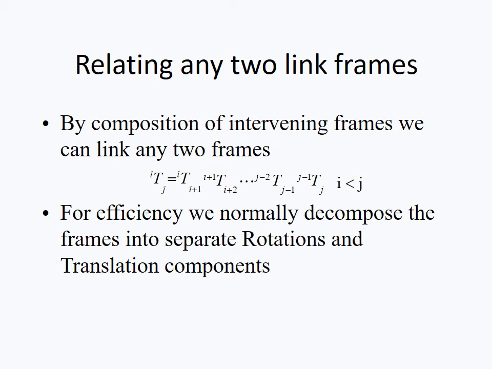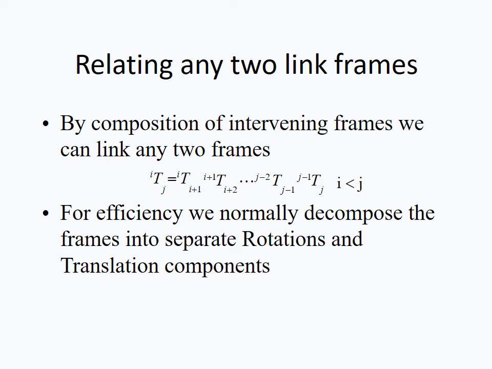If we have joints 1 and 2, it will define the transformation vector for the next joint. For efficiency, we normally decompose the frames into separate rotations and translations.